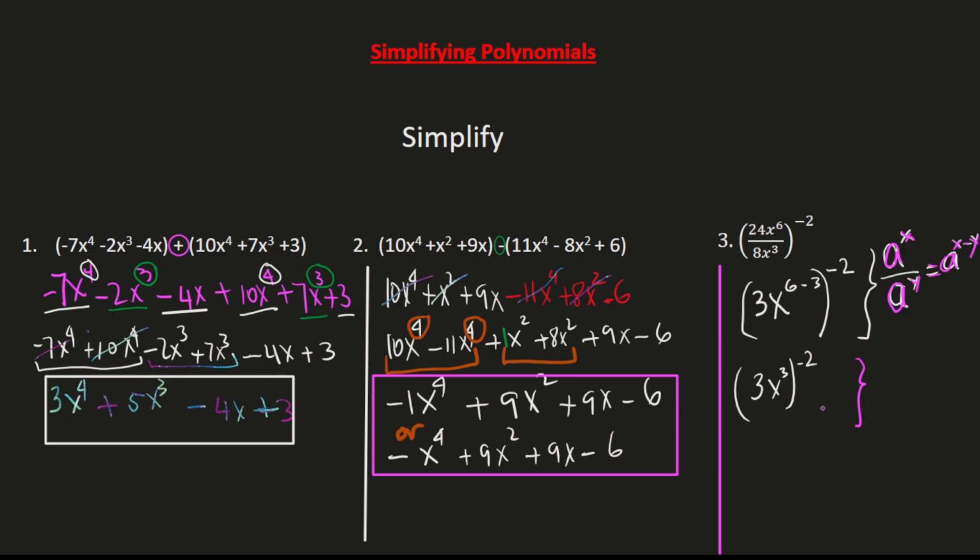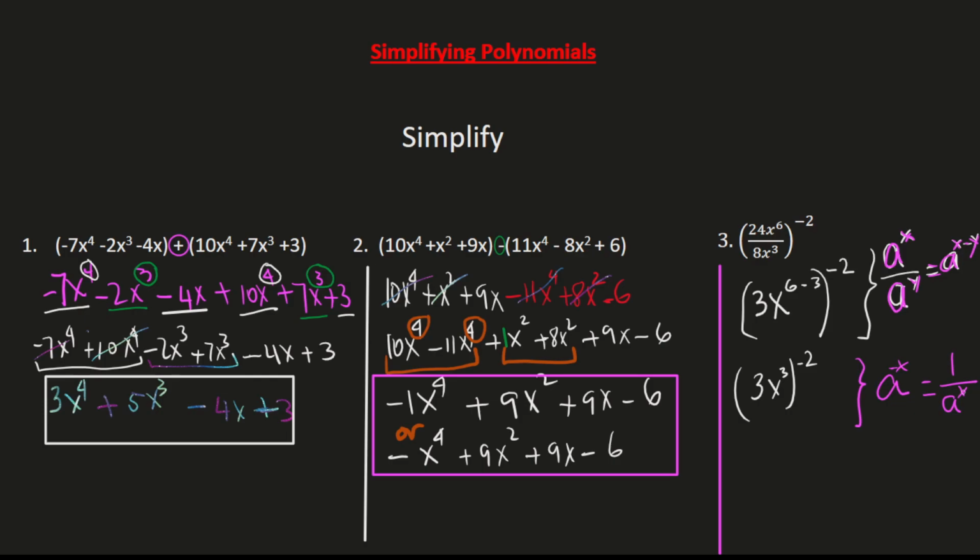If I get a to the negative x, this is equal to 1 over the same a to the x.